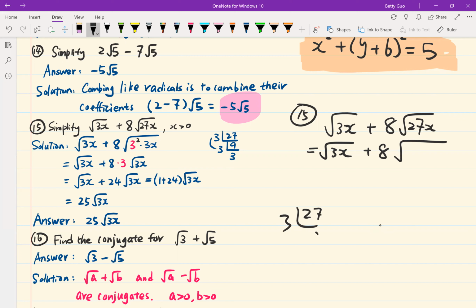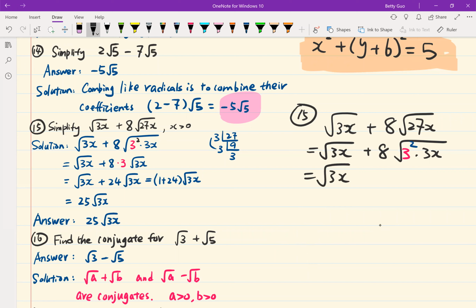27 is 3 times 3 times 3. So we can write 27 as 3 squared times 3x. Yeah, again, you see how many times we have applied the rule to simplify a square root. Whatever the base which has a square on its shoulder can be moved outside the square root.